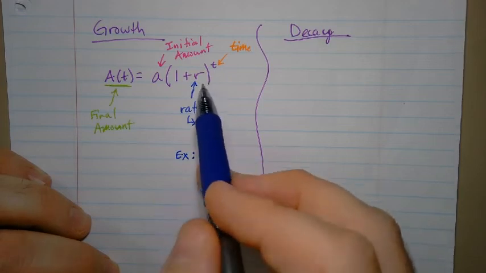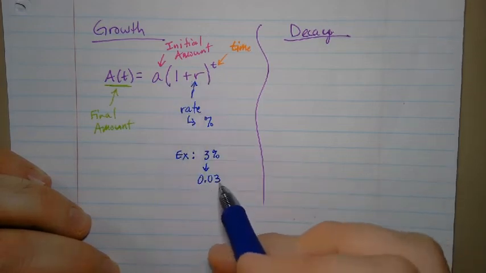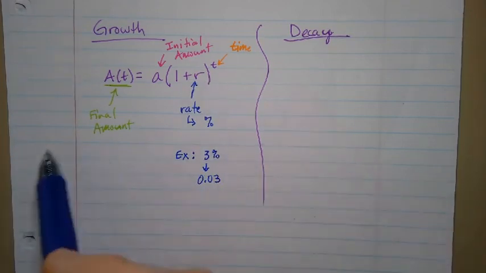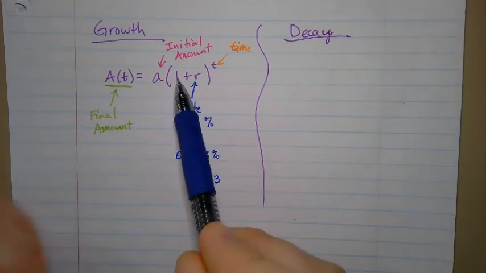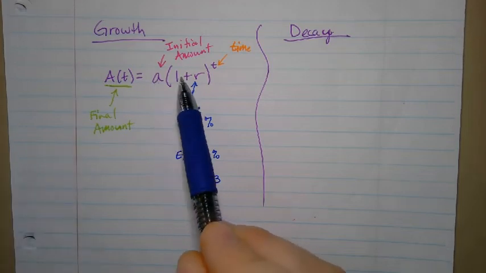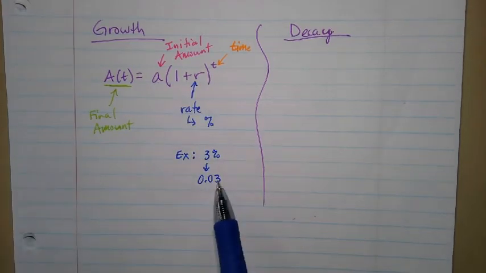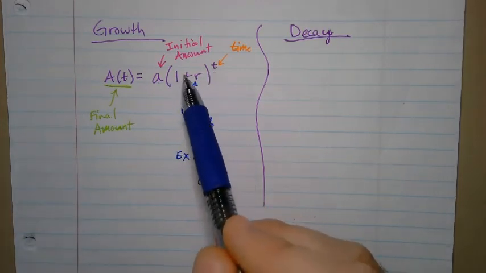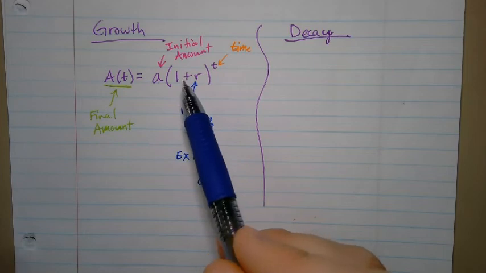That's the number that goes in here. So this would be 1 plus 0.03. And really what you're thinking of, this is a growth. This 1 is coming from 100%. So 100% of my initial amount plus an additional 3% of my amount is what's going to grow every time period. Every time period I'm having 103% of what I had previously.